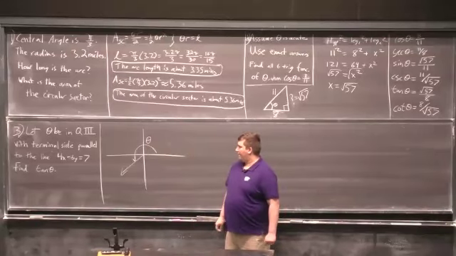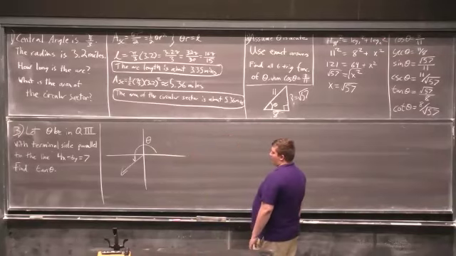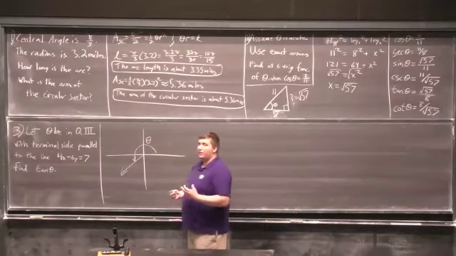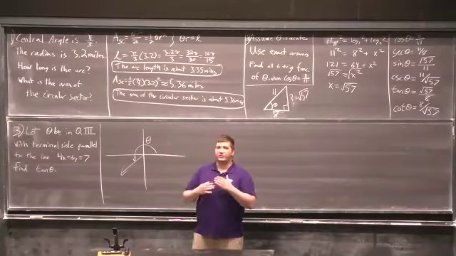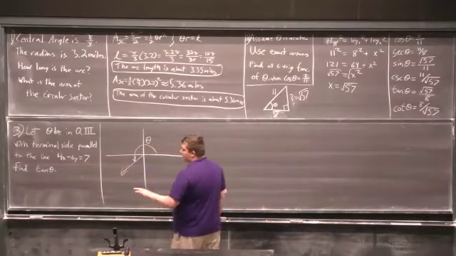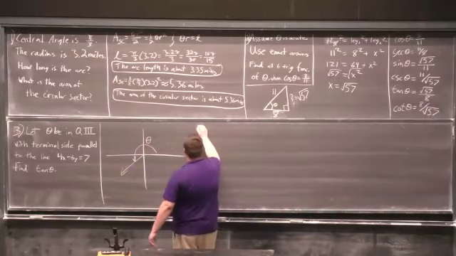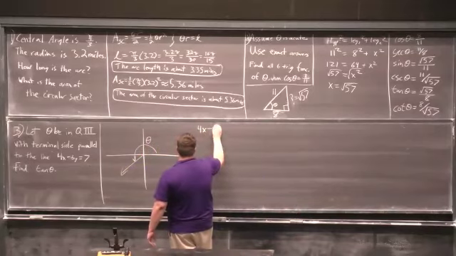Okay, well, now we can find the line. Now we want parallel to the line, so we really want the slope of whatever this line is. So let's focus on how we can get that slope. We have 4x minus 6y equaling 7.